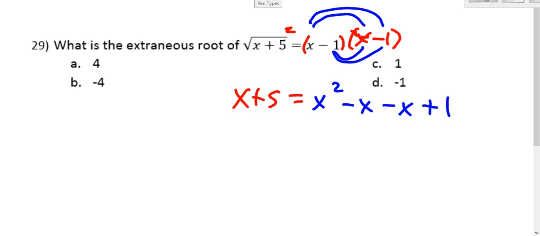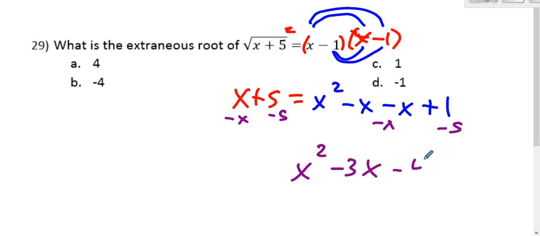Get everything together. Move your x over. Move your 5 over. Negative x, negative x, negative x makes negative 3x. And then 1 minus 5 is negative 4.